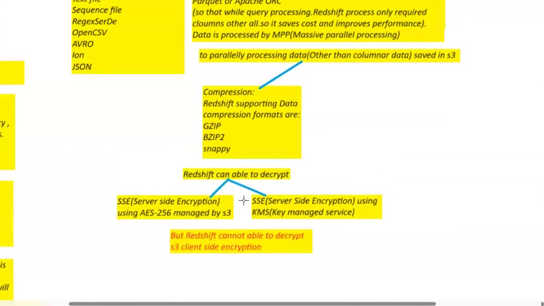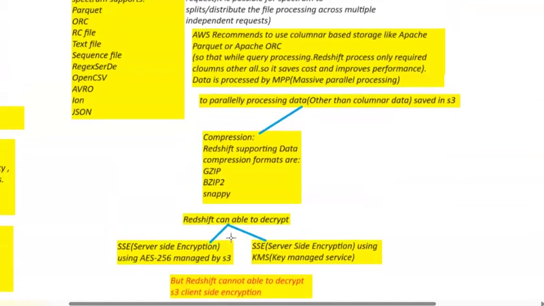So only these two types of encryption can be decrypted, whereas client side encryption cannot be decrypted by Redshift. So while using compression, just choose these two types of encryption. Other types of encrypted files are not decrypted, so Redshift does not support them for performing operations on the table stored in S3.